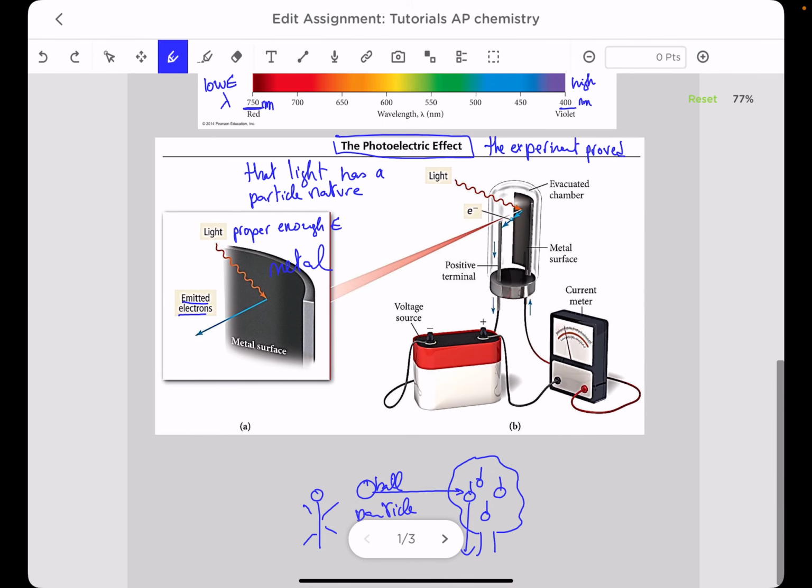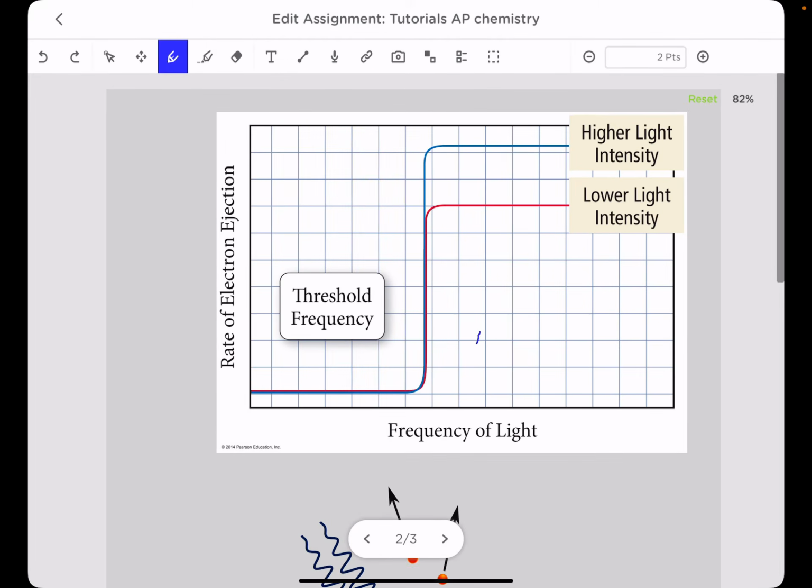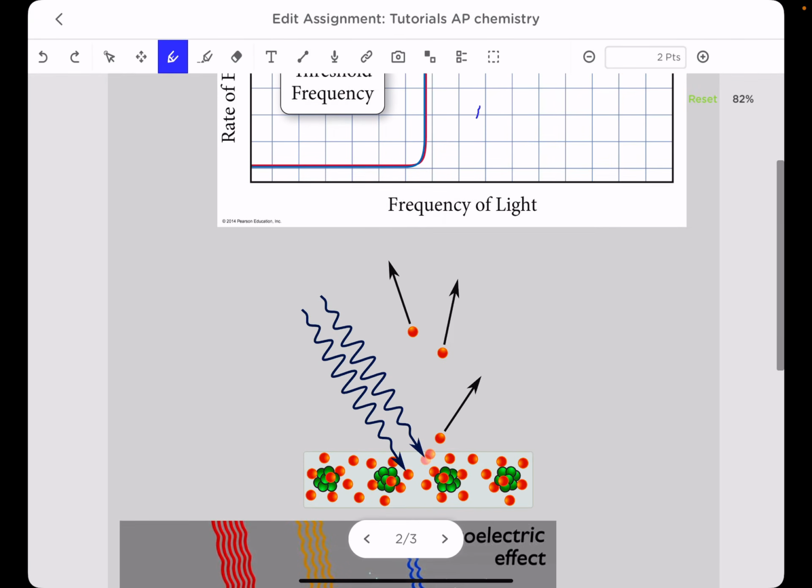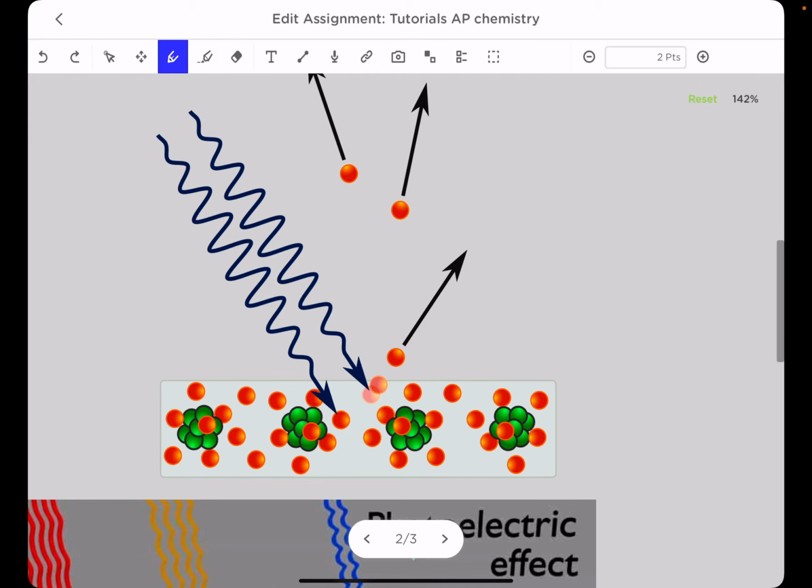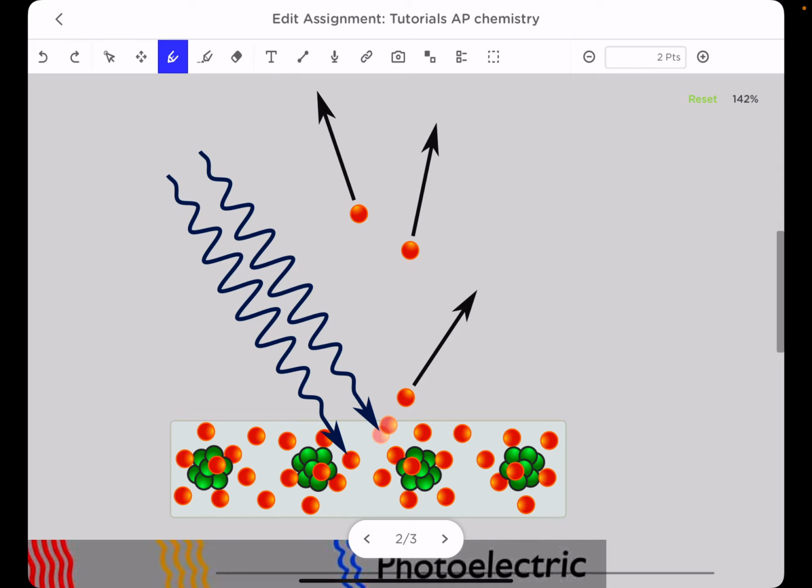Now, let's explain this and go into further details. So, look at this atom with electrons. This wave here represents the light. Now, Einstein explained that light energy must come in packets, which he called photons.